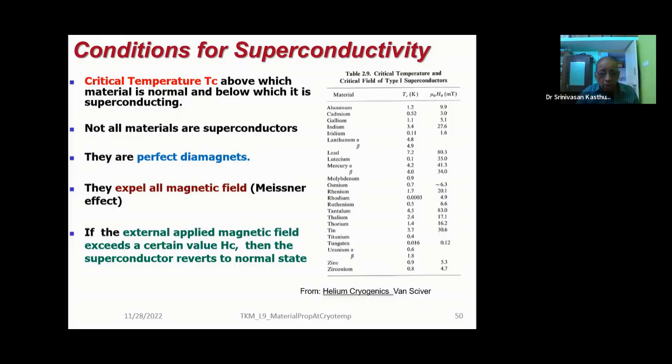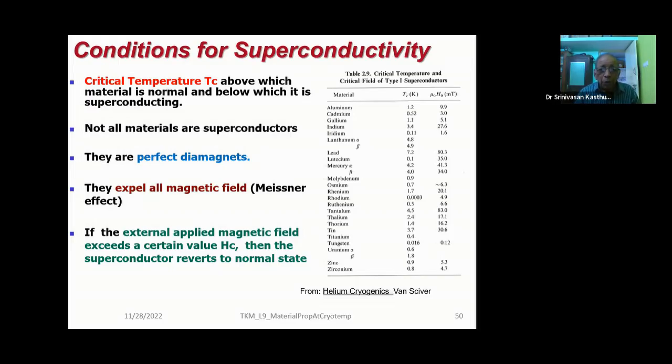Okay, what are the advantages of this? Whenever your current is passed, normally a voltage is developed across the material. Now, if the material does not have any resistance, then there cannot be any voltage developed across the material.